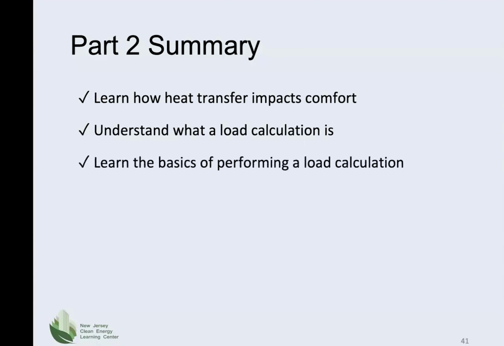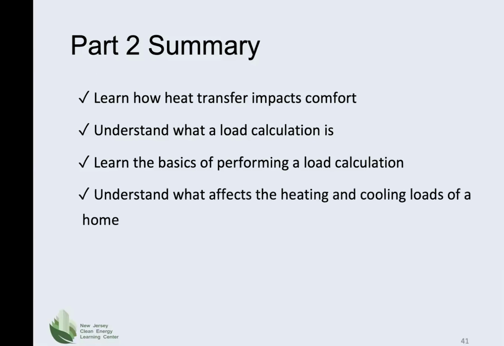We saw that ACCA's Manual J prescribes the procedure for calculating residential heating and cooling loads. We learned that a thorough takeoff is needed for accurate load calculations: the R value of the exterior walls, the quality and size of the windows and exterior doors, the air infiltration, the orientation of the house, solar gains, etc. These are some of the many factors that go into the load calculations.